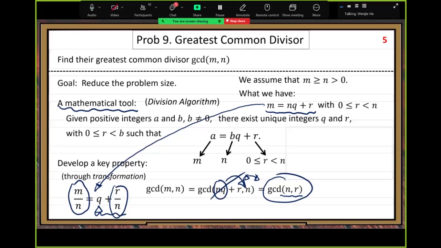Another round of reduction, and keep doing the reduction again and again until at some point we have to stop. Because you cannot do it forever, right? So at some point you can stop.